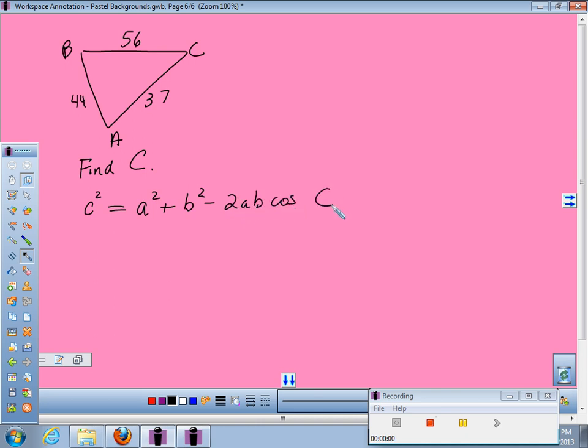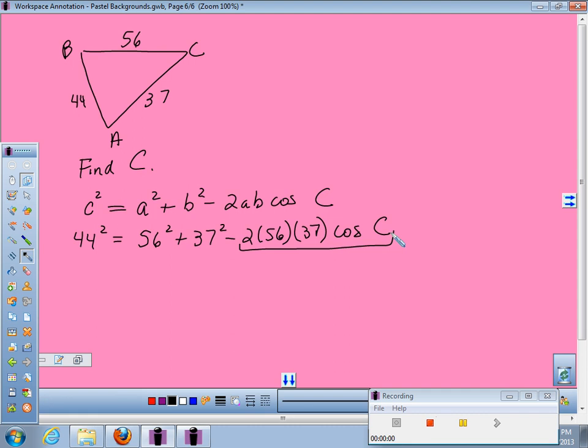This is an order of operations question. So in this case, side C is 44, A is 56, B is 37. So I'm filling it in. Here's my question. How do you solve for angle C correctly and not mess up the algebra? You can work all these out if you want to work out every single number. I personally don't like to do that. You have to realize this stuff back here is all multiplied times cosine.